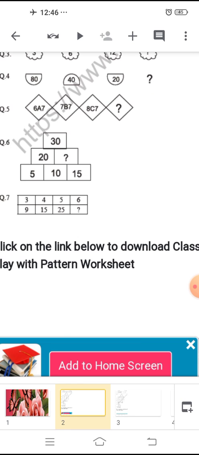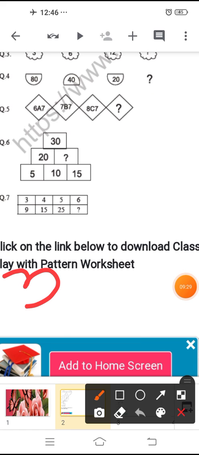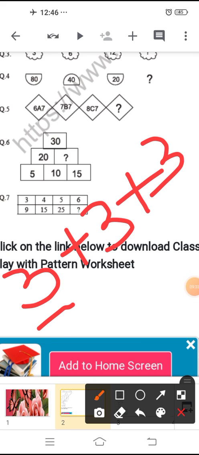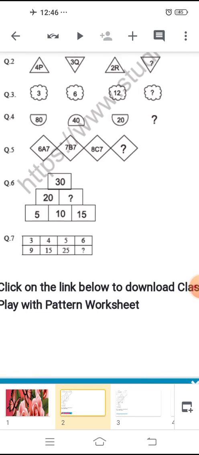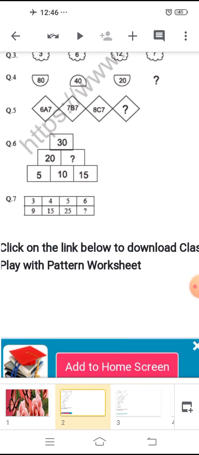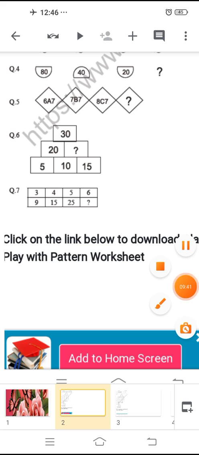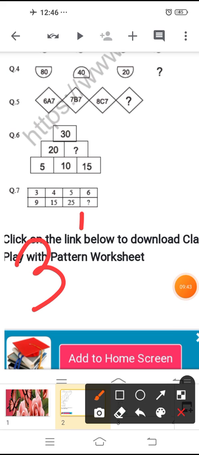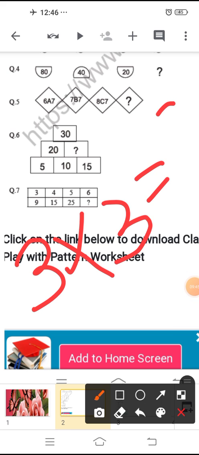For example, if we are taking 3 times, okay, and if we are adding 3 up to 3 times, means 3 plus 3 plus 3, that will give you 9. And if you are doing 3 multiply by 3, that will give you also 9. 3 into 3, that will give you 9.